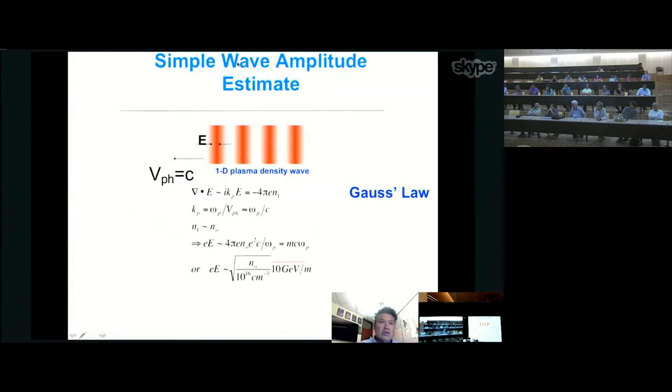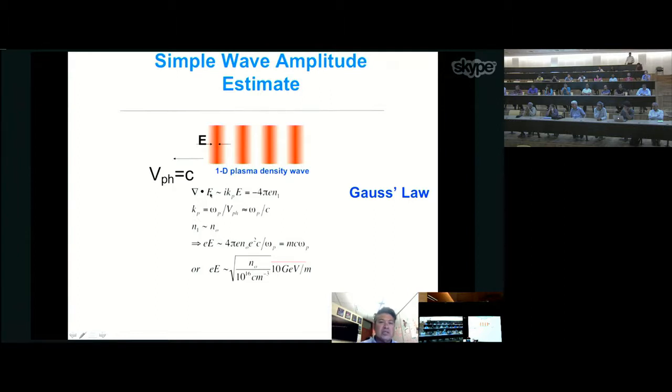I'm assuming that at this workshop you're all familiar with the simple one-dimensional argument for how big the acceleration gradient can be in a plasma wave moving with a phase velocity of c. You go through Gauss's law and assume that the density perturbation in the wave is about 100%.